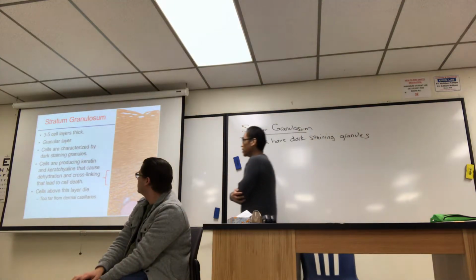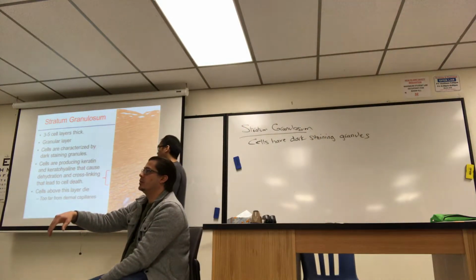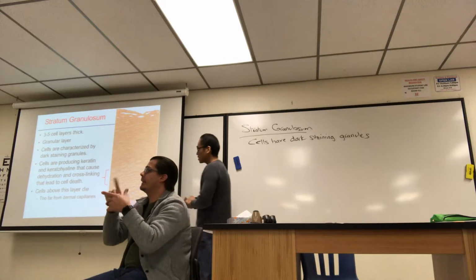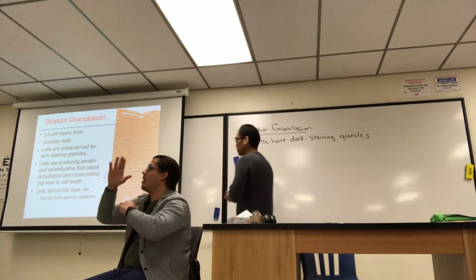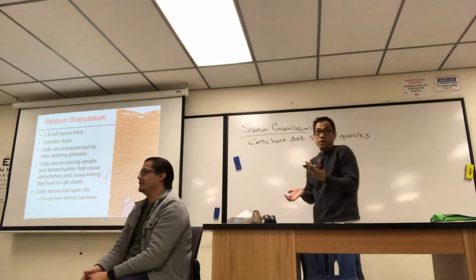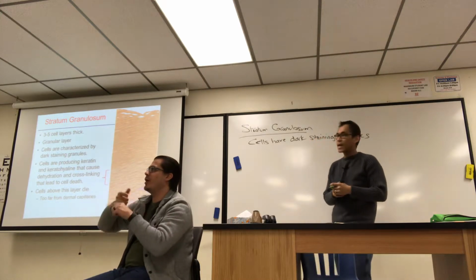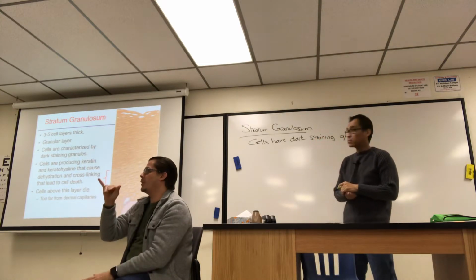What's happening is they're producing keratin and keratohyalin that causes dehydration and cross-linking that leads to cell death. Cells above this layer die, basically. Because you're being pushed to the top, you're further and further away from the capillaries, the blood supply, so you just die.